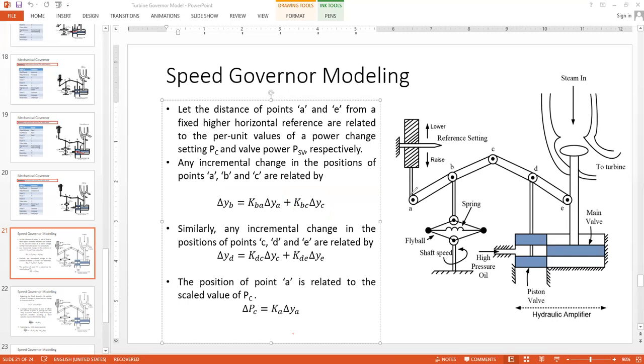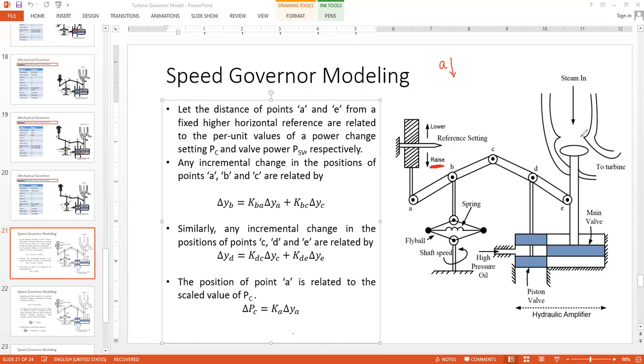When point A changes, what happens? The position of point A changes. Let's see, if point A changes, let's say in the downwards direction, the command is raise. The PC gets a command that raise your value.